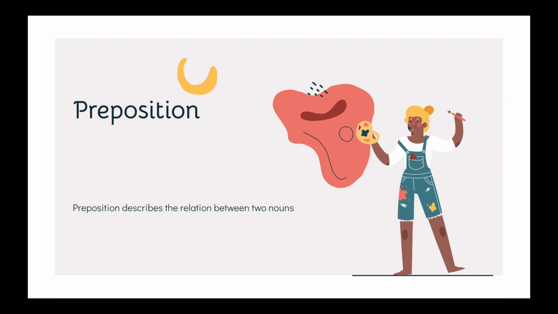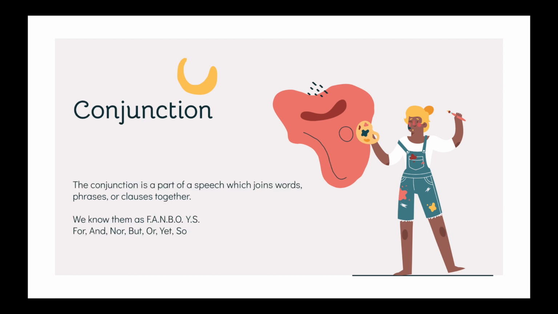Or for example, we can also talk about she has been crying for hours, for example. Okay, the word for, it describes the time relationship between hours and she, the subject, and so on and so forth. So yeah, I hope you get the idea. So preposition talks about the relationship between nouns, okay, and pronouns.